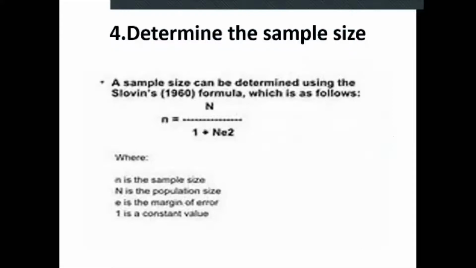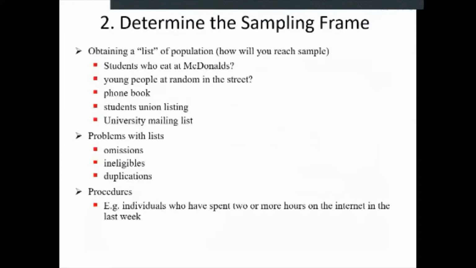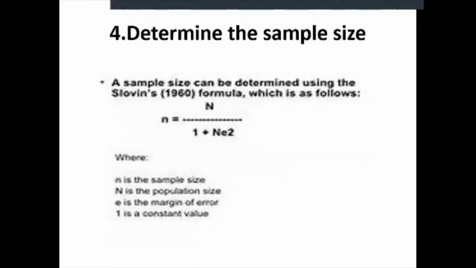So the first step is to define the target population. Second, determine the sampling frame, or collect the list. Third, decide the sampling technique. Fourth, determine the sample size by using any standard formula.